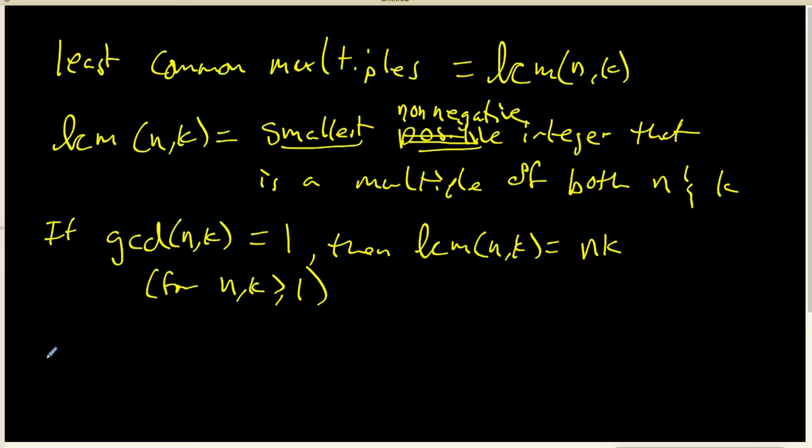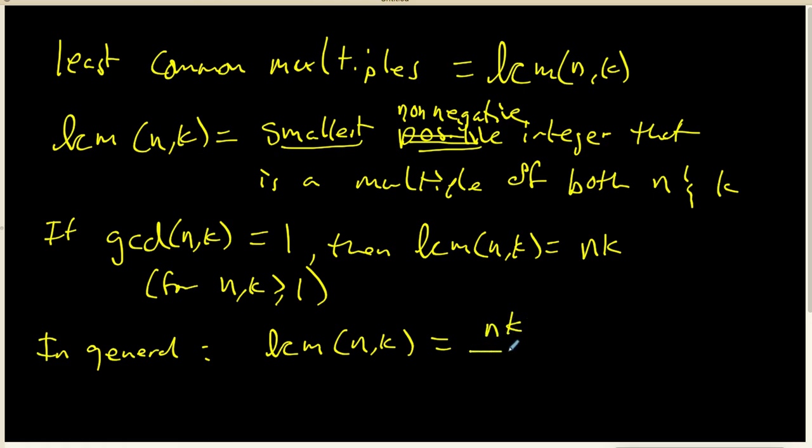It's also important to understand that in general, the LCM of n and k is equal to n times k divided by the GCD of n and k. So that is a really important fact.